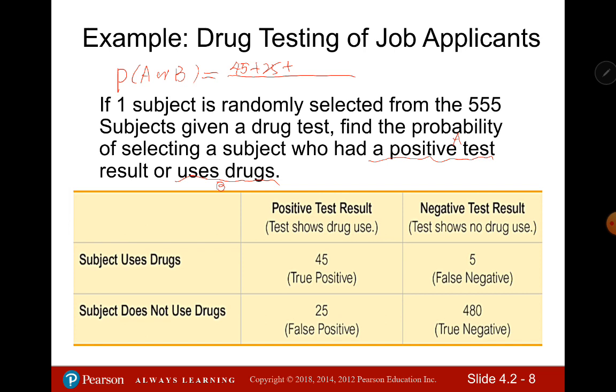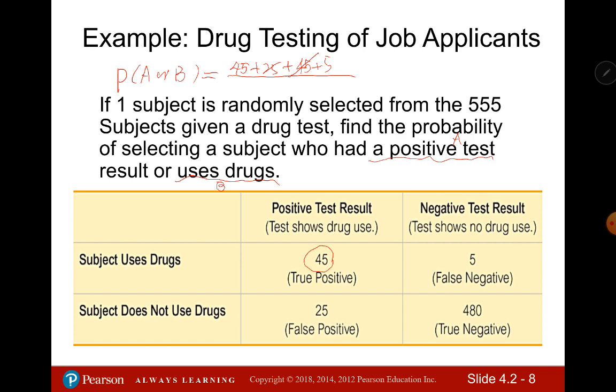But here you have to be extremely careful. We have double counted 45. Once we get the sum, we realize 45 has been double counted. We should make sure this one is used just one time.